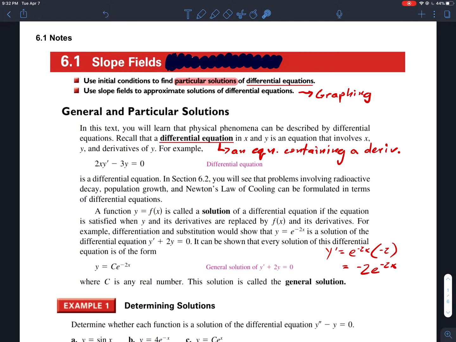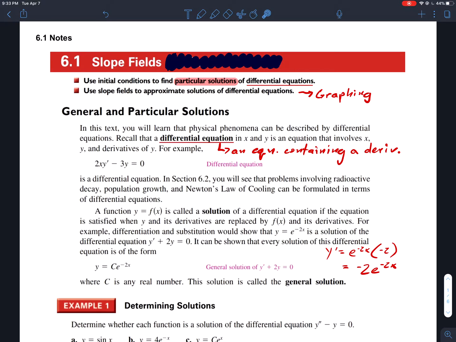All right, so difference in terminology: differential equation, any equation involving a derivative. The solution is some function f of x that makes the equation true. But you can have a general solution, which includes an unknown constant, and then you could have a particular solution for which that constant is solved for.